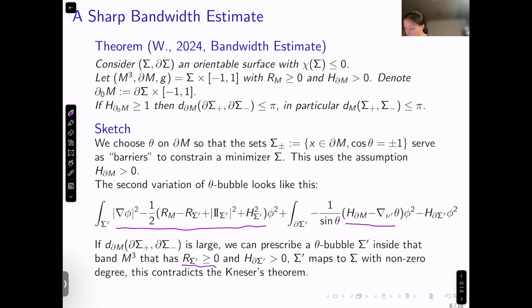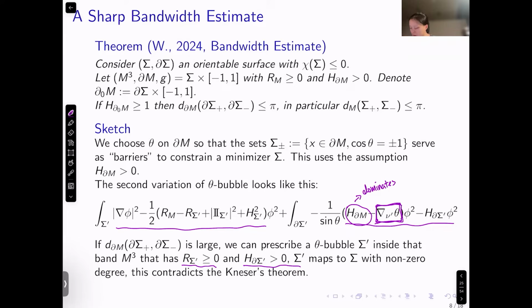And if you look at the boundary term, now if the distance is large, then to go from plus to -1, I have a very small derivative. So now this term becomes small relatively compared to the mean curvature term. So now this term dominates, and it says that spectrally my theta bubble has strictly positive mean curvature.